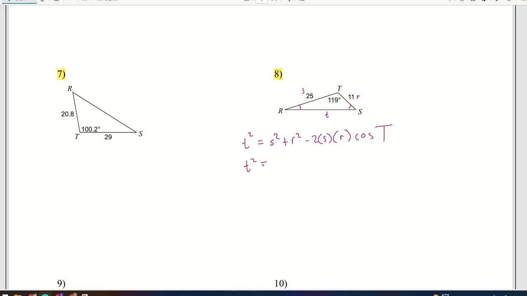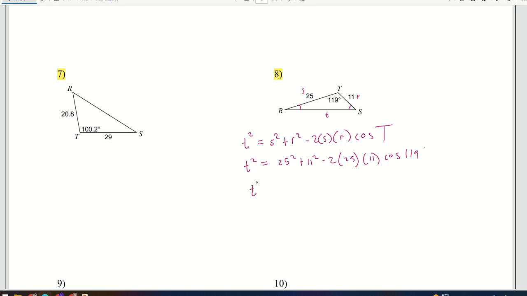So then we get t squared equals 25 squared plus 11 squared minus 2 times 25 times 11 times cosine of 119. Plug that all into your calculator at once.